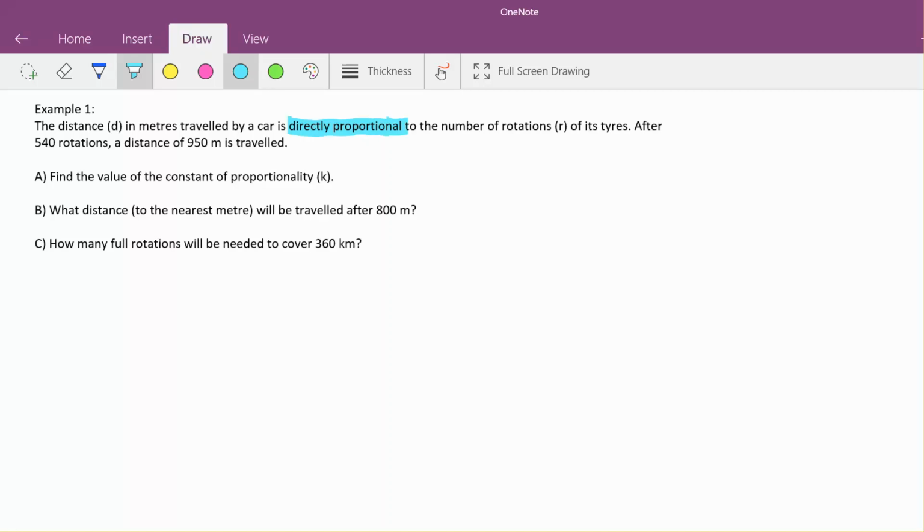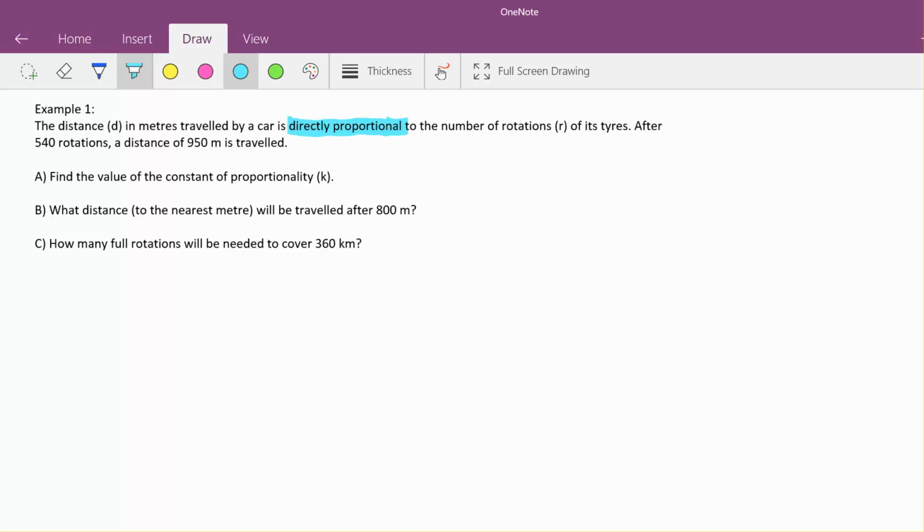If you're driving, obviously if the distance goes up, the number of rotations goes up. To increase distance, the number of rotations always increases. So as the distance increases, so does the number of tyre rotations. It makes sense because to go forward, the tyres have to rotate to increase the distance.